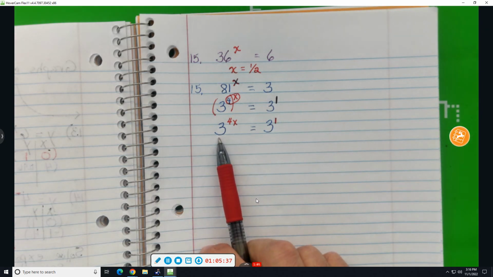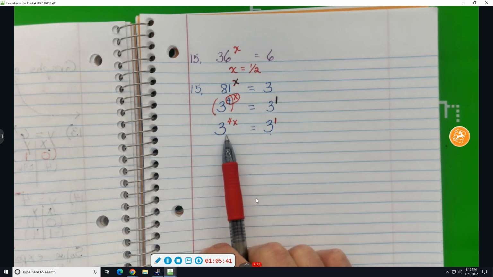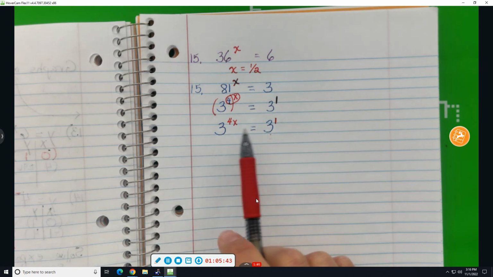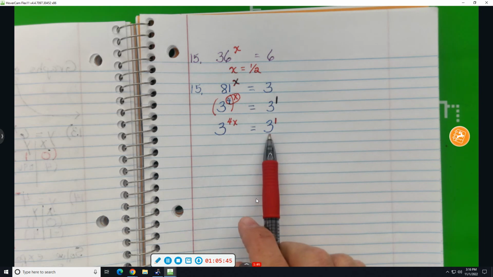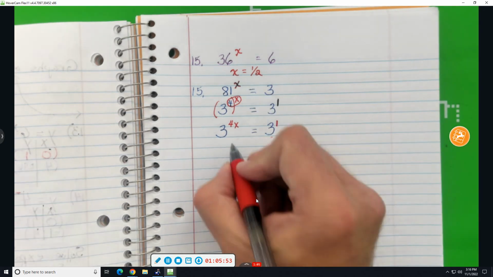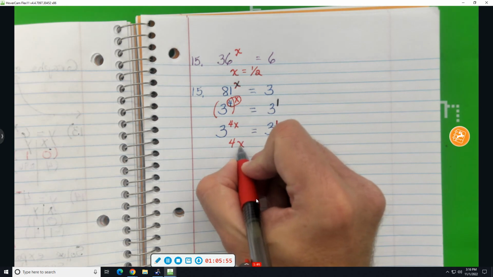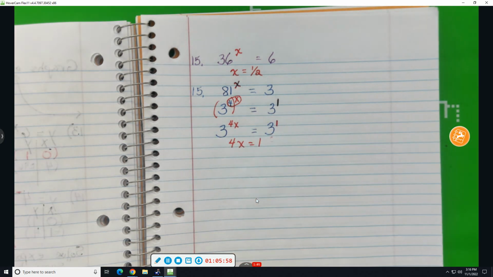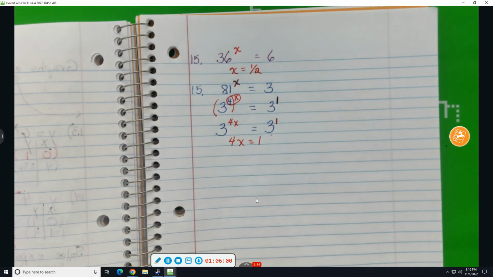Do y'all follow my logic and how I've rewritten both sides with the same base here? Common base of 3. Can I drop the 3's now? Yeah. If the bases are equal, the exponents have to be equal. So we have this equation to solve: 4x equals 1. So x equals 1/4.